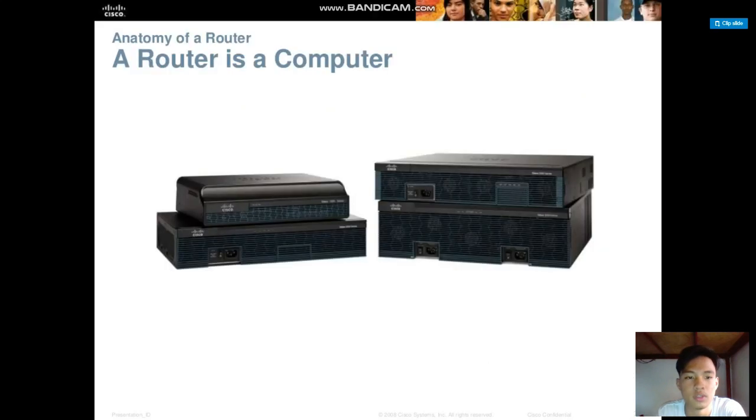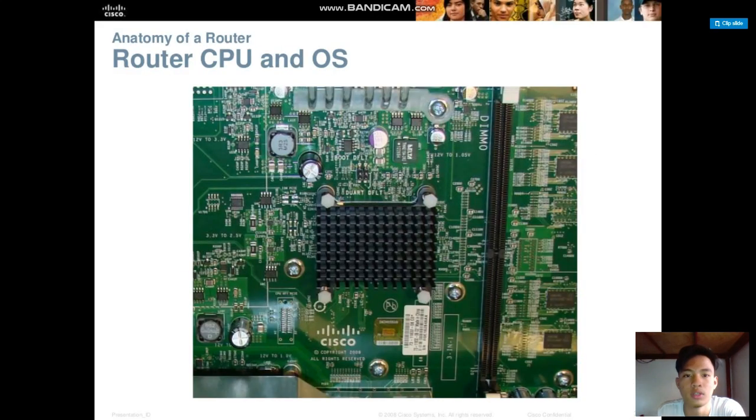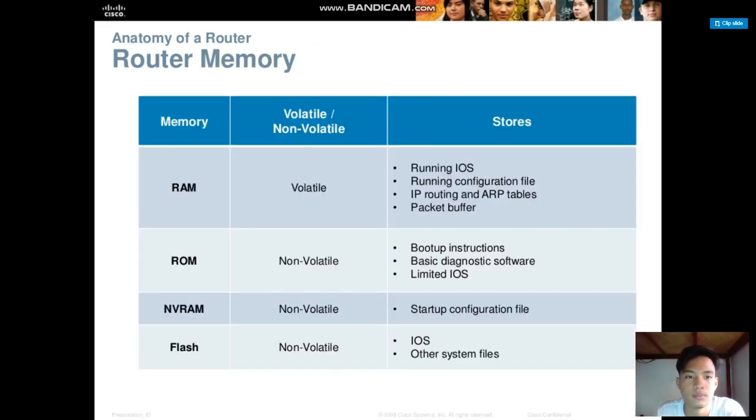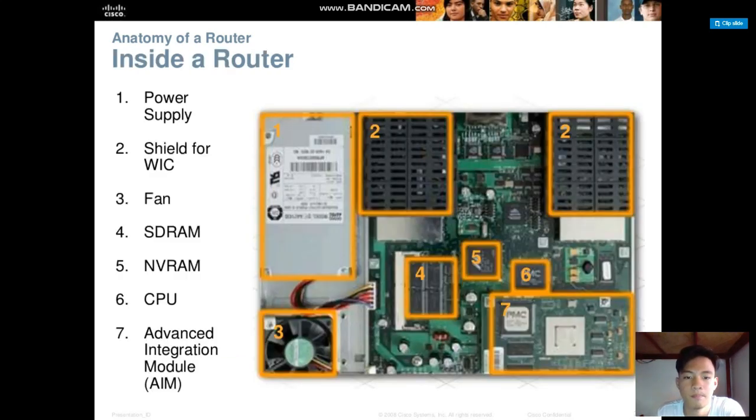Routers. A router is a computer. It has a CPU and an OS. The router memory has RAM, ROM, NVRAM, and flash. This is the inside of a router.